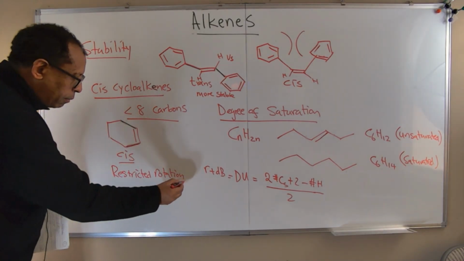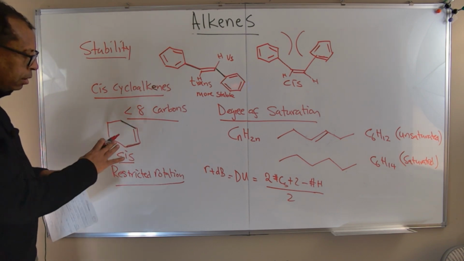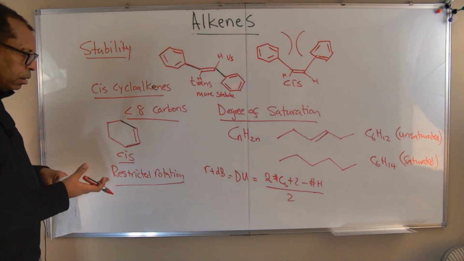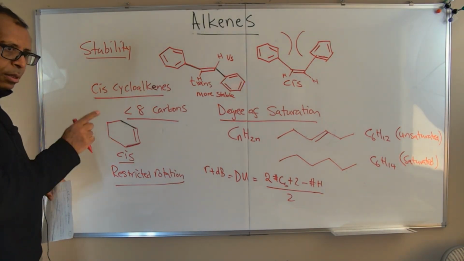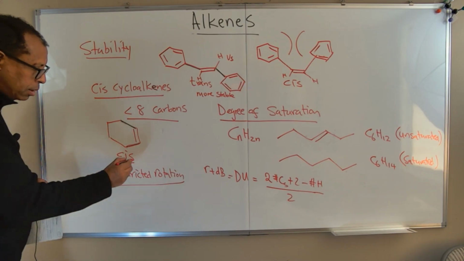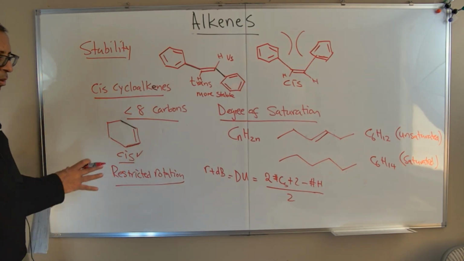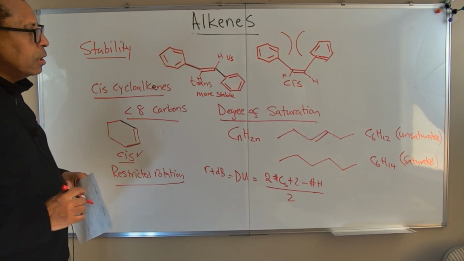This is because of restricted rotation, which makes the cis the dominant structure. When you have fewer than 8 carbons, the ring system will always adopt a cis form. That's one thing we need to know when we consider alkenes.